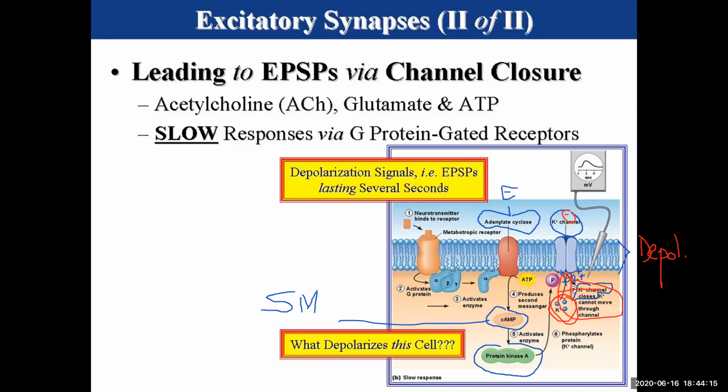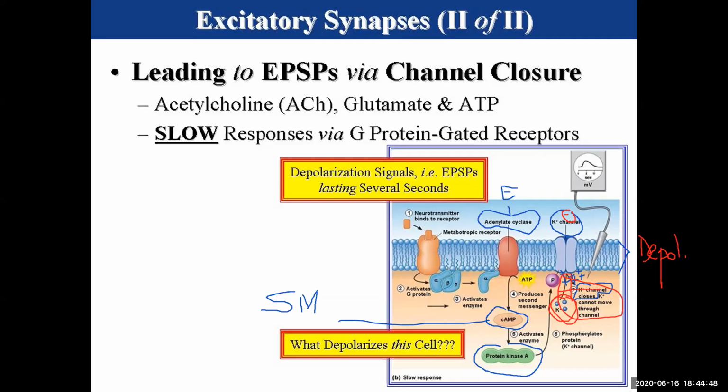So in both cases, when you accumulate a net gain of positive charge on the inner leaflet of the membrane, it will depolarize the membrane. Again, one more time. Every time that you have a net accumulation of positive charge on the inner leaflet of the membrane, that's a depolarization signal. And that net gain of positive charge on the inner leaflet can be created by two different mechanisms.